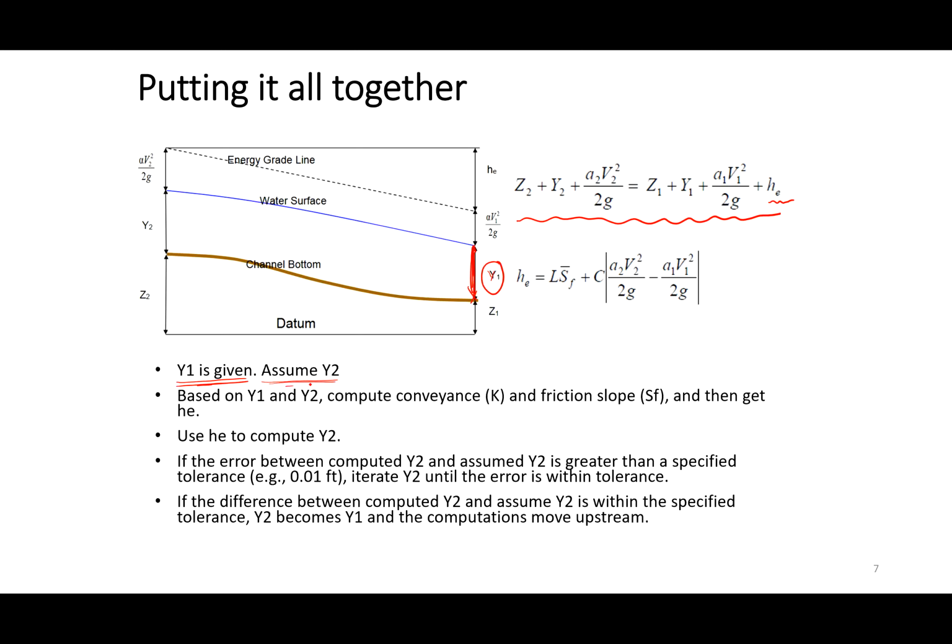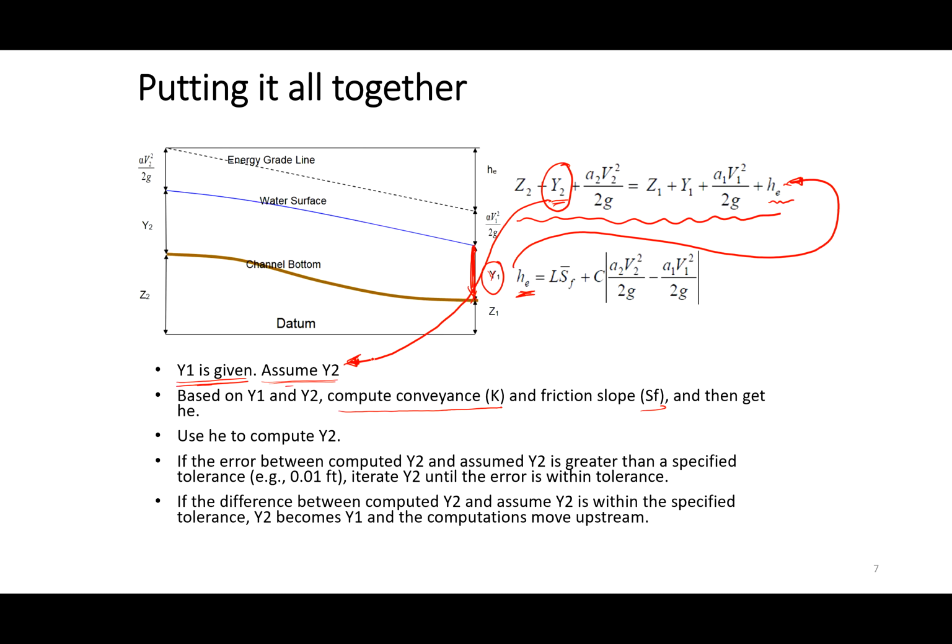We assume y2. Based on y1 and the assumed y2, we calculate the conveyance and friction slope, and then we find an expression for HE. Then we put this expression in HE and we solve for y2. If this y2 is equal to the y2 we assumed at the beginning, then our assumption was good.